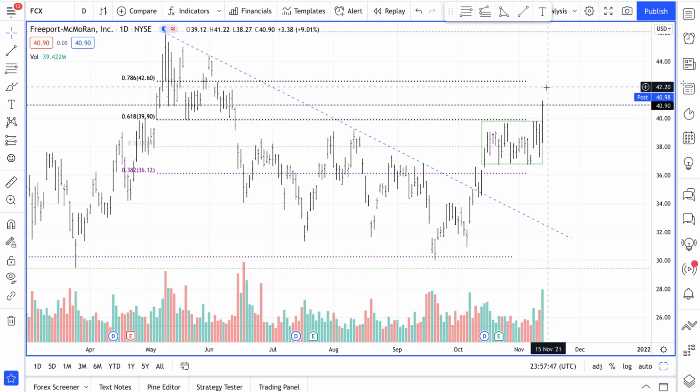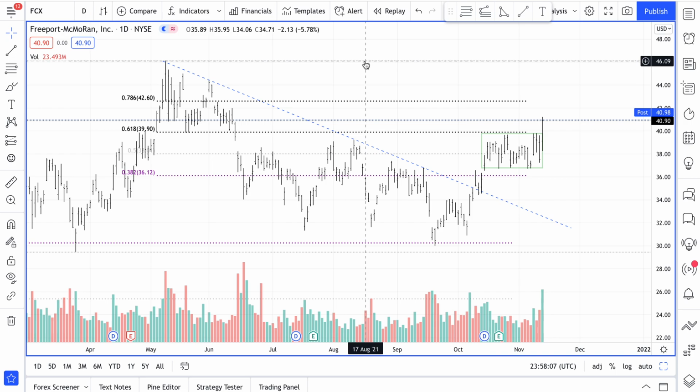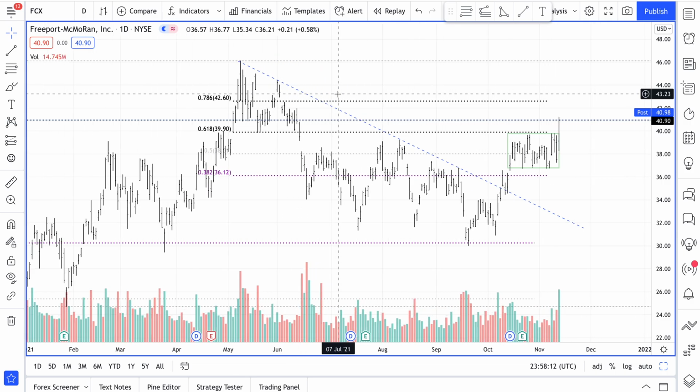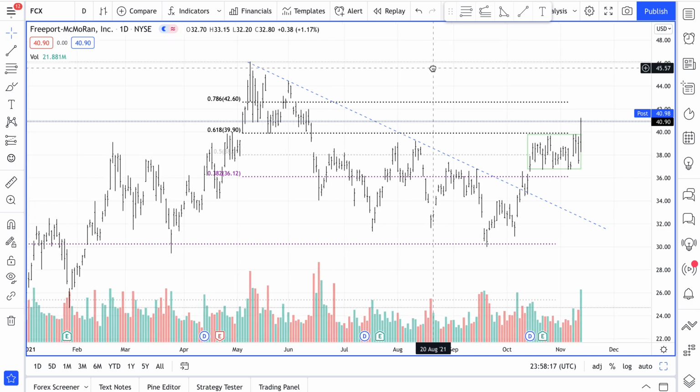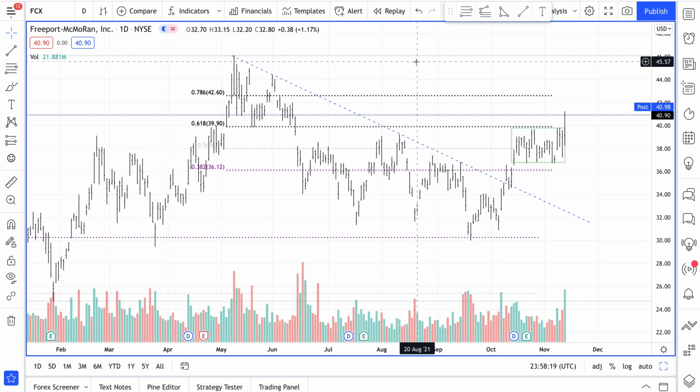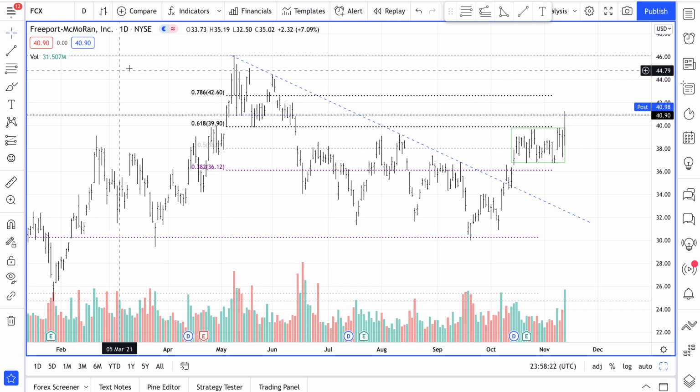If the stock is able to take this out, and today's move is actually on pretty good volume, 39.42 million shares traded, and if it is able to close above this, let's say at least two consecutive trading days, then this high is the next swing it is going to tackle, and perhaps make a newer high by taking it out.